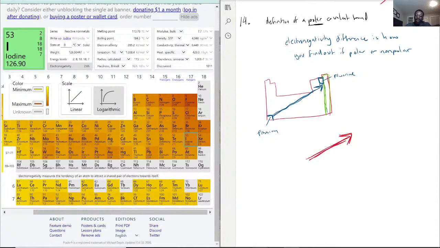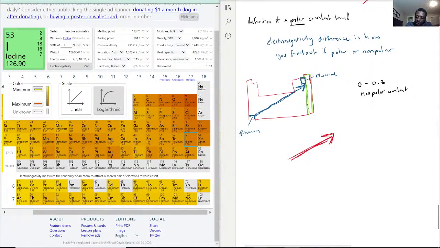Now, how does that actually let us know about a polar covalent bond? There are ratios. If the difference between them is between 0 and 0.3, this is considered a non-polar covalent bond.